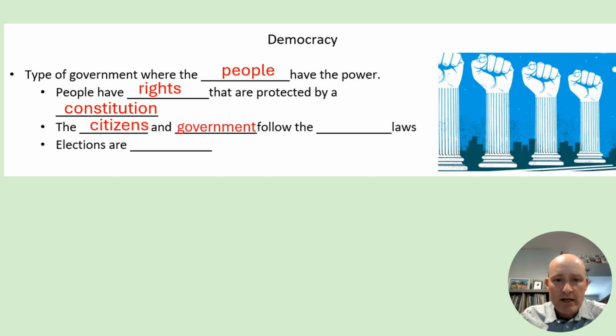The citizens and government follow the written laws. Okay. So they both have to listen to the laws. And elections are fair. So it's not like one person is always gonna win the election. It's whoever gets the most votes that gets that position.